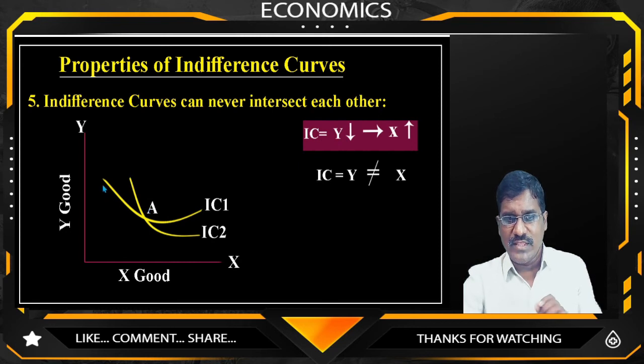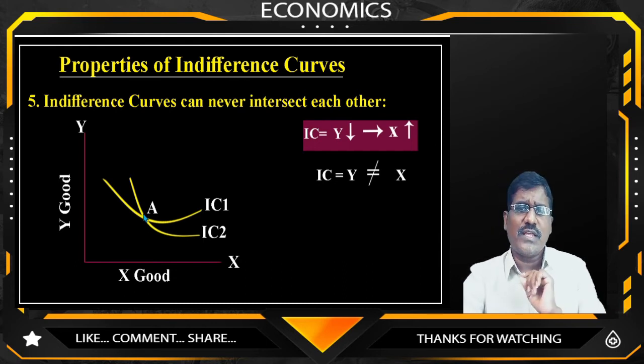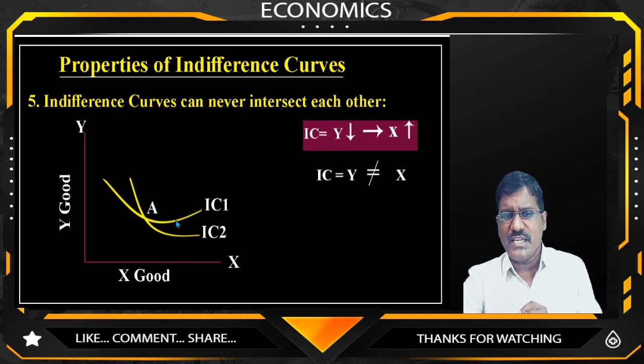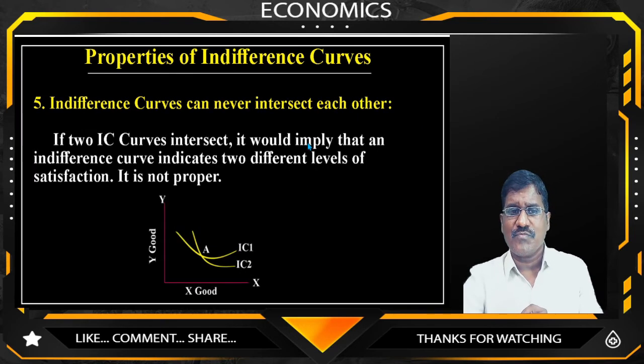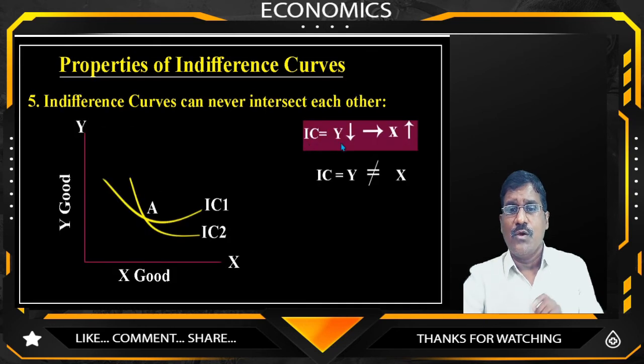When the IC1 curve decreases, automatically the IC2 curve will also decrease, and both are equal. Wherever they are, both are equal, so this decreases and this also decreases. So it is not applicable to indifference curves. What is the law of indifference curve? The law is that when y decreases, x increases, meaning when one good decreases, the other good increases.